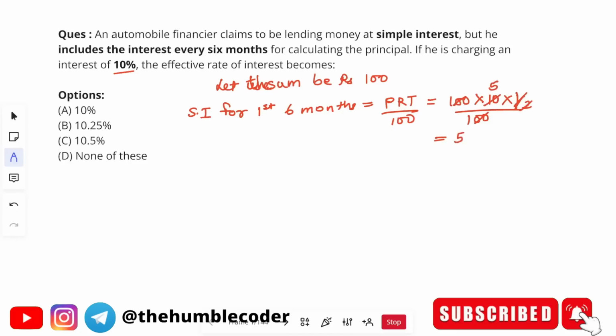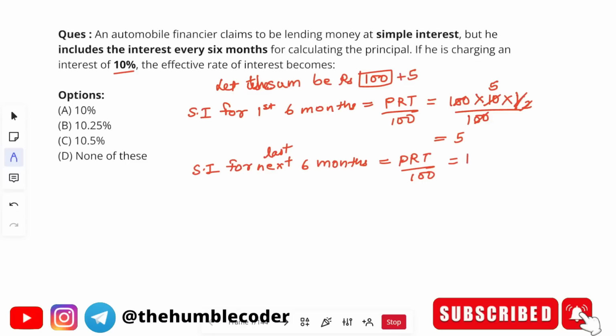In the same way, we calculate simple interest for the next 6 months, or last 6 months, because for 1 year only we are calculating, right? For the last 6 months, it is again PRT by 100. Now this time the sum will be how much? Initially it was 100. Now 5 interest is also added, right?